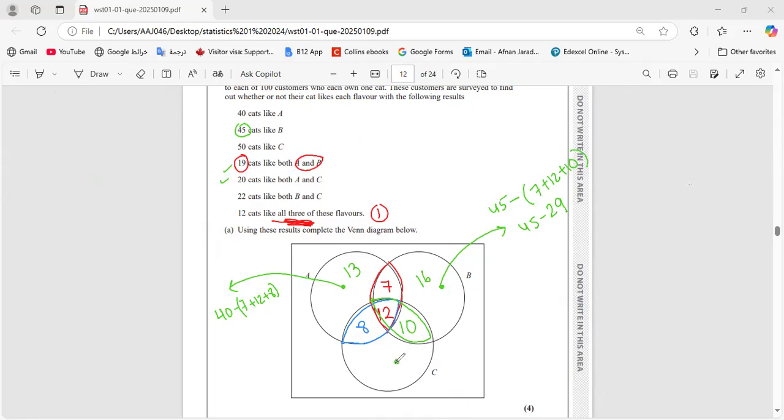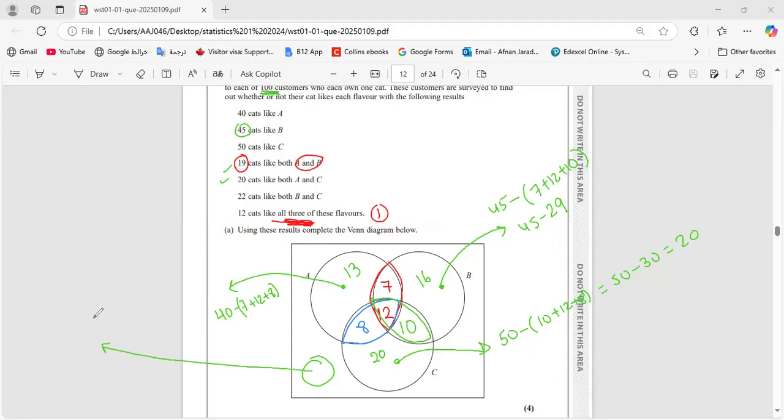And the last one, which is C, 50 cats like C, so 50, you need to subtract 10 plus 12 plus 8, which is 50 minus 30, which equals 20. This one is 20, and don't miss the number outside circles, which equals 100 customers minus all what's in between circles.